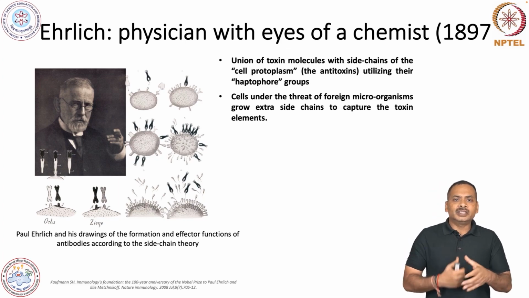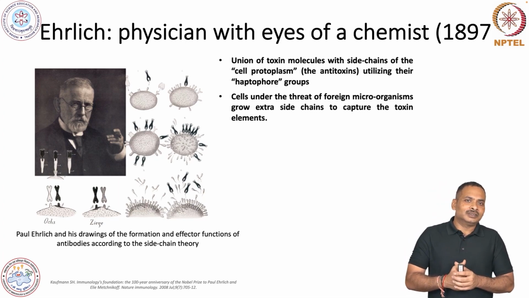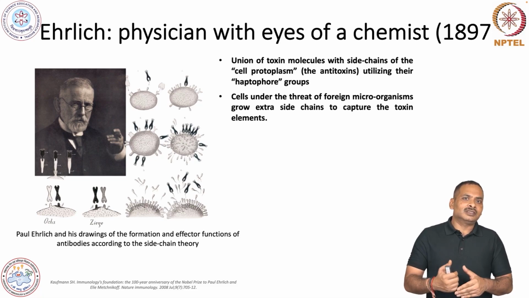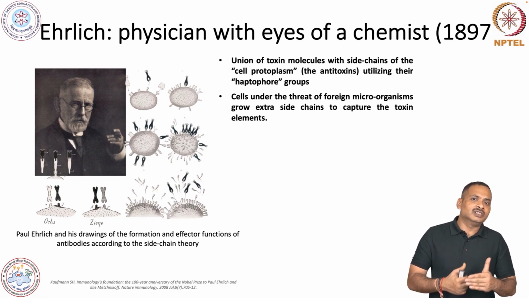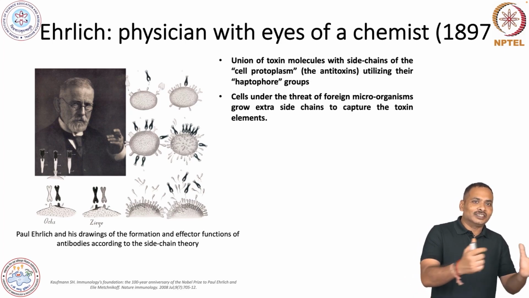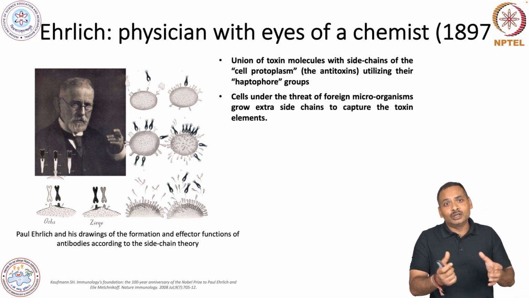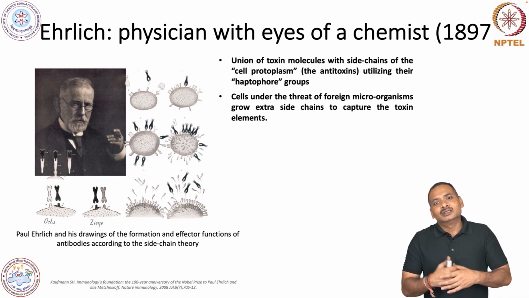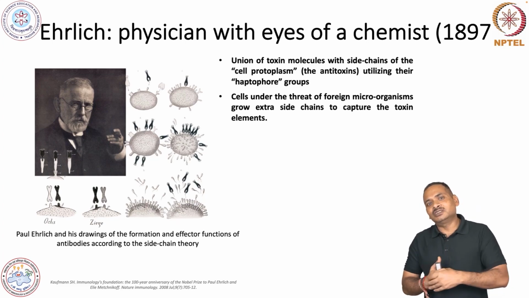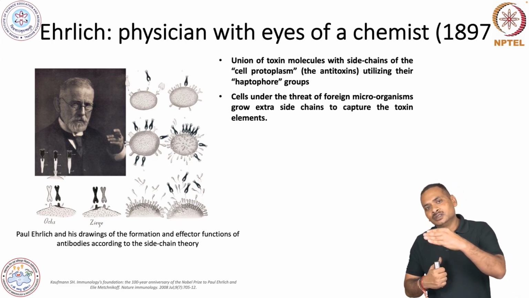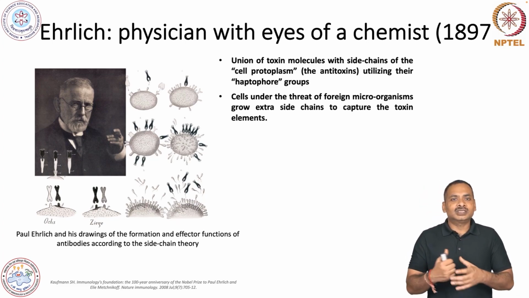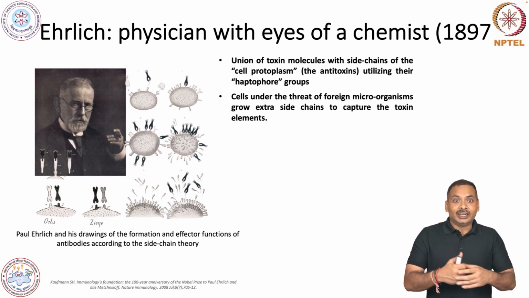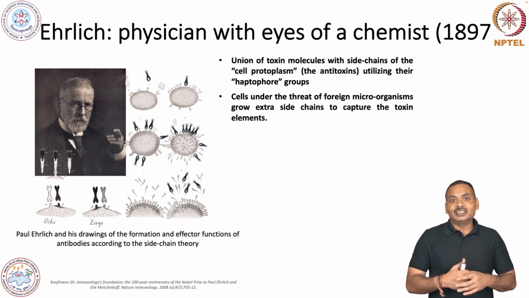You can understand that at that time the immunology field was just beginning, and this is the kind of thinking people had. There is some molecule which binds, captures the antigen or toxin, and then neutralizes it. And you can think that in 1897 this was quite correct.